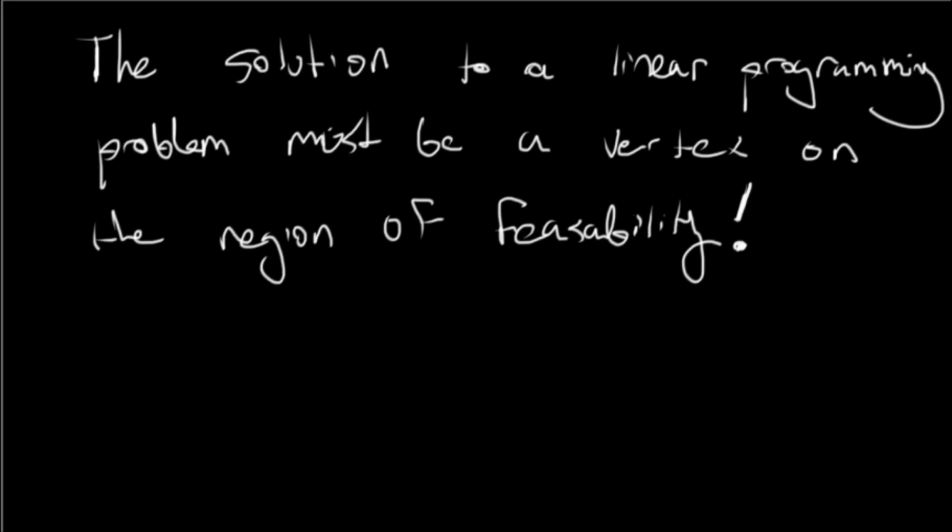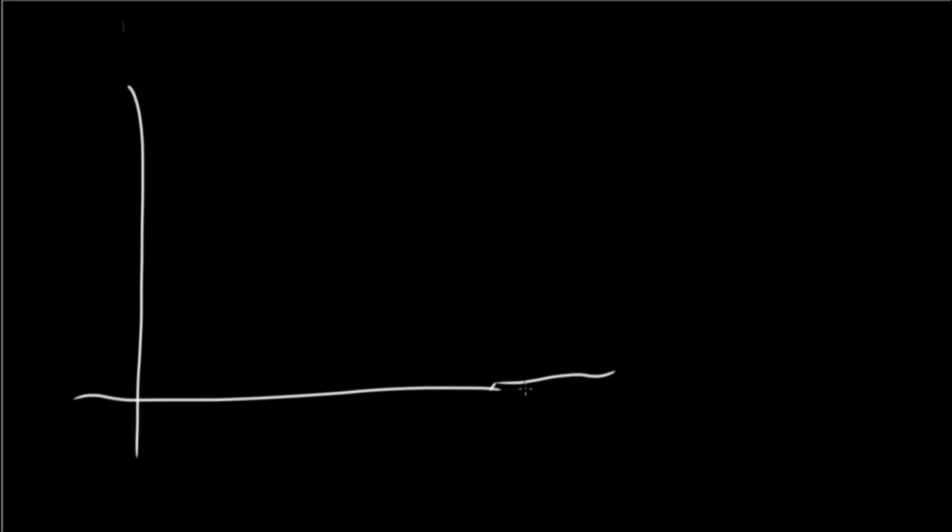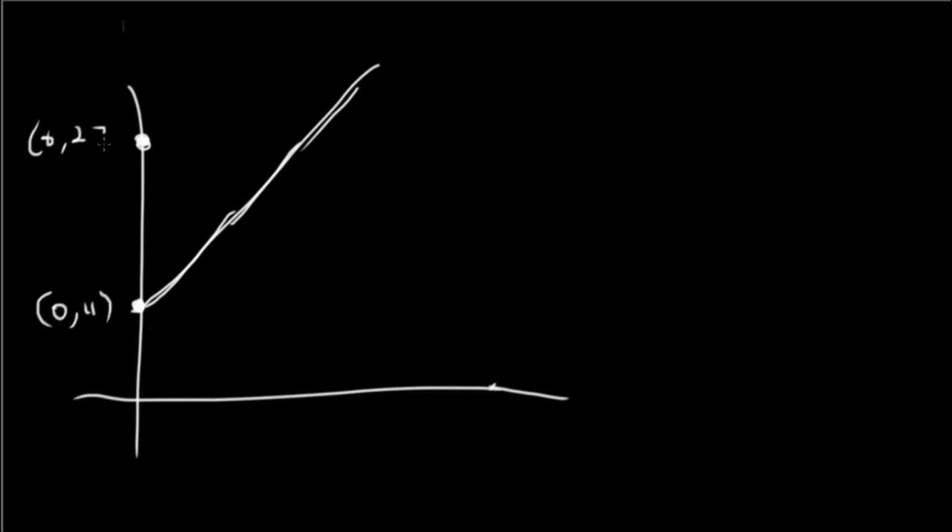All right, so let's actually solve this problem now. I'm going to redraw the region of feasibility on our new page because it was getting a little messy. We had a line going from the point right here, 0, 11, with a slope of 1. We had a point way up here at 0, 27 with a slope of -1.